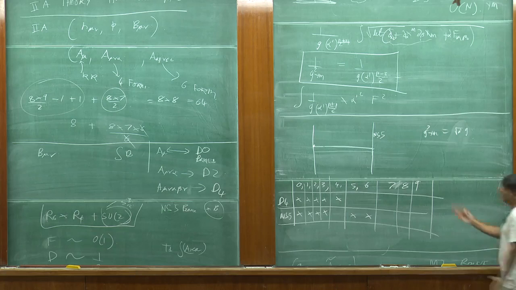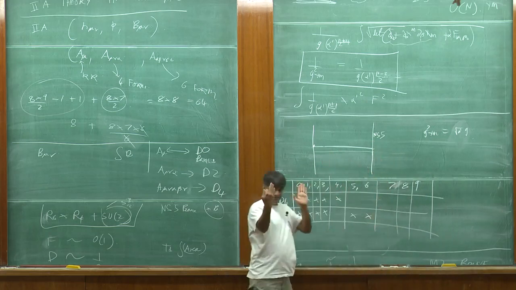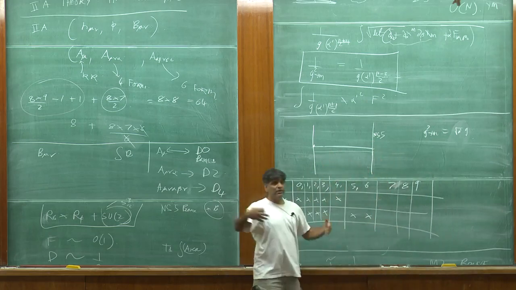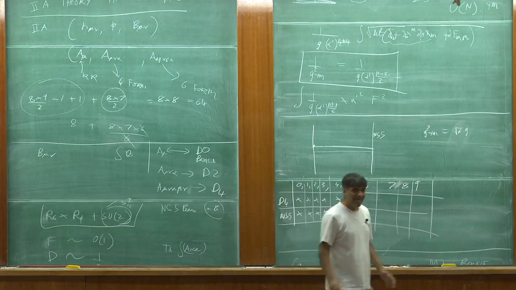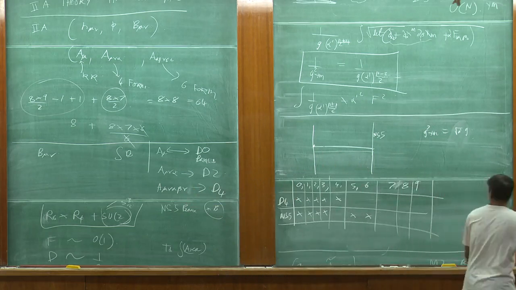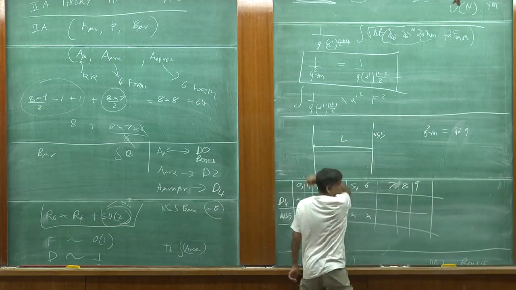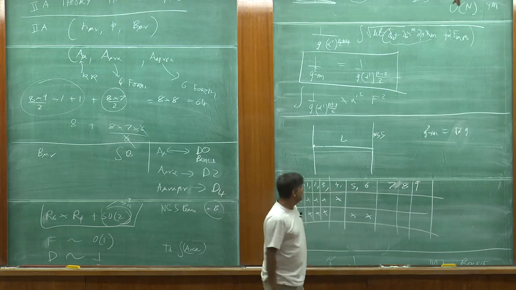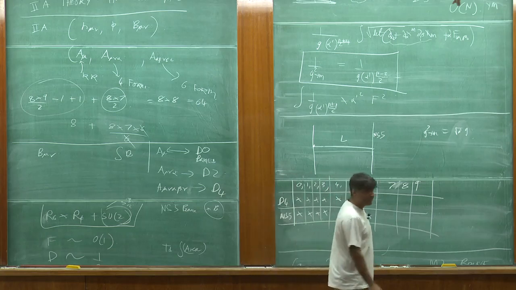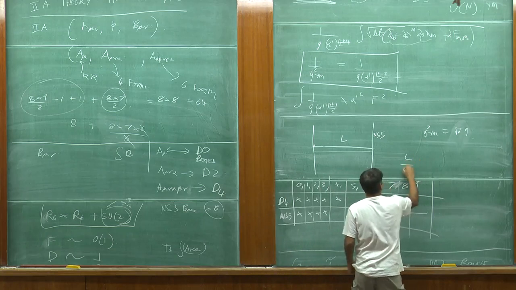Now, because this thing is compactified, suppose we have this thing of length L. We look at long distances compared to this compactification length. Then the effective g squared Yang-Mills, the action will pick up an L by g squared Yang-Mills.